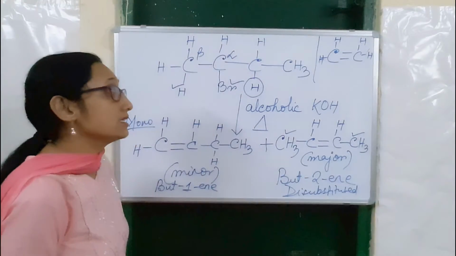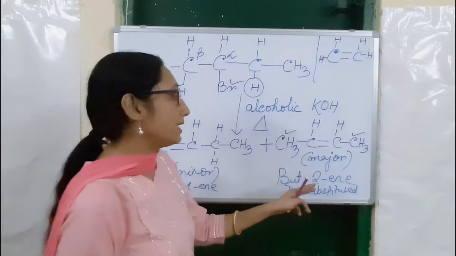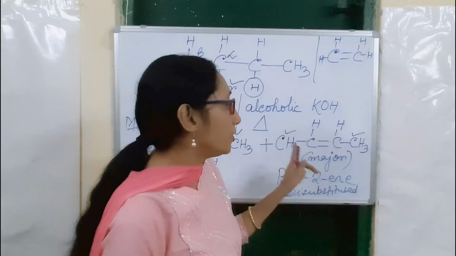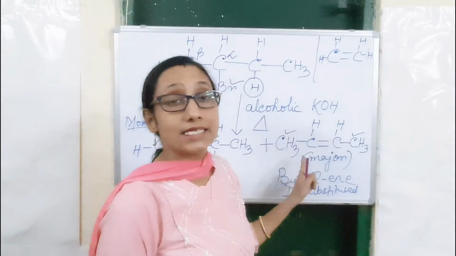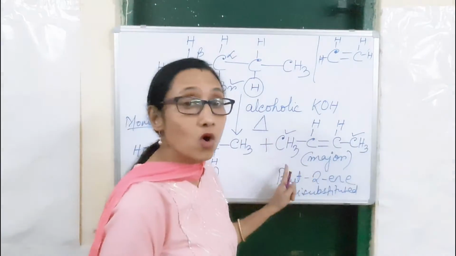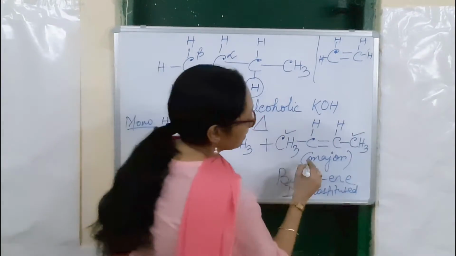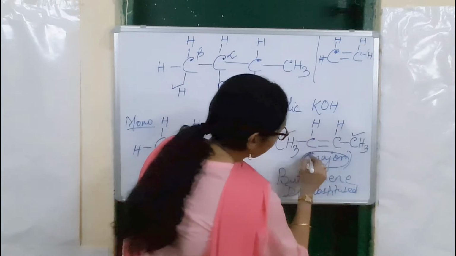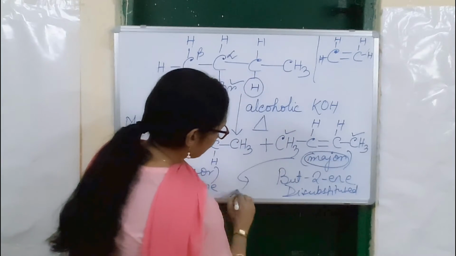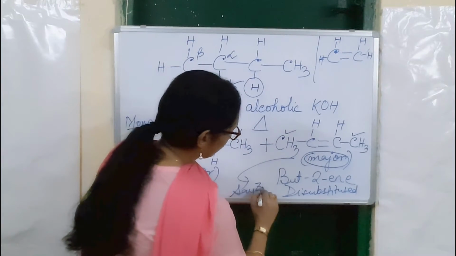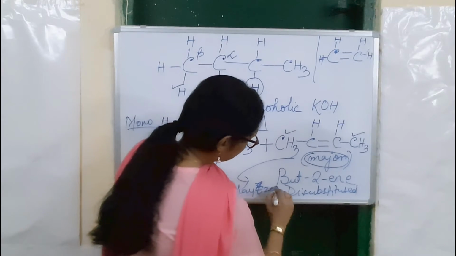So in which case is the substitution more? In case of but-2-ene. So but-2-ene is the Saytzeff product, that is the more substituted alkene. So in this case but-2-ene is the major product and this is according to which rule? Saytzeff rule.